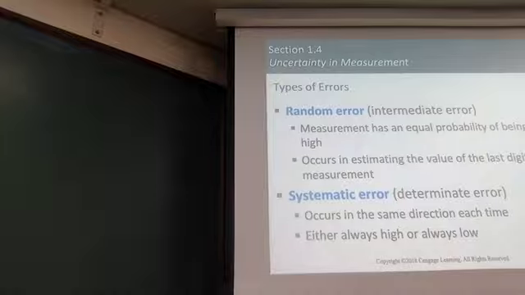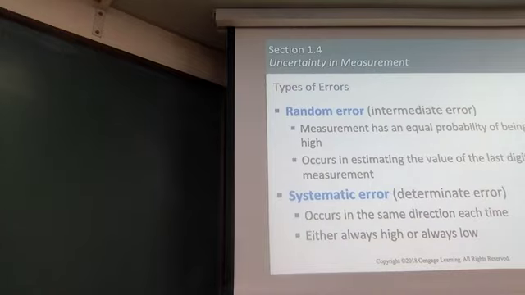And that occurs in estimating the value of the last digit, the uncertain digit. Right? So the last uncertain digit will usually be normally distributed around one number. So we call this a random error. So if you ask like 100 students to measure this last uncertain digit, you'll probably see some normal distribution around that one value that people will, on average, agree on.